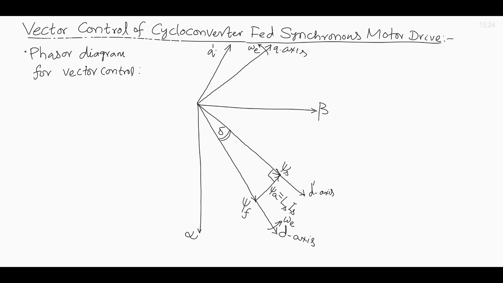This is the flux linkage diagram triangle, and psi s is produced by a component of the stator current, Im, which is called the magnetizing current. The magnetizing current is responsible for establishing the flux, and at right angle to Im we have the current component It, which is the torque component of the current.